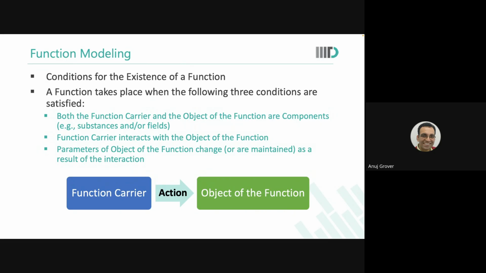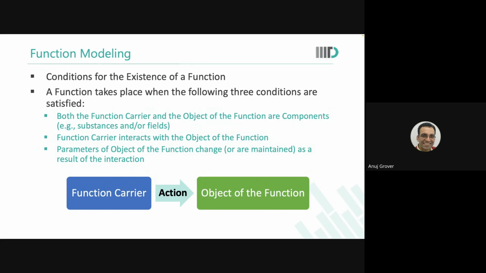Then the second very important aspect is they should interact. They should touch. If the lever doesn't touch the paint, the lever cannot act on the paint. The lever cannot act on the pump because it doesn't touch the pump. It can only act on the switch. The switch acts on the wire or whatever. Are you getting it?